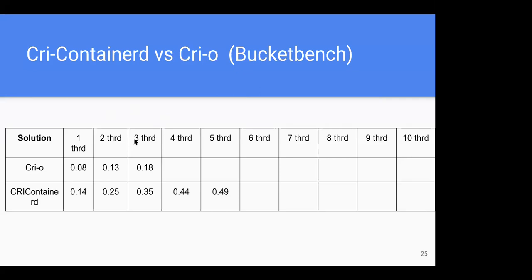Remember, guys, the operation is 3 actions: start, stop, and resume. So in the case of CRI-O for 2 threads, we have 0.13 iteration. But in the case of CRI-Containerd, we have 0.25 iteration. So with those results, we can confirm that CRI-Containerd in the Kubernetes context is faster than even CRI-O.